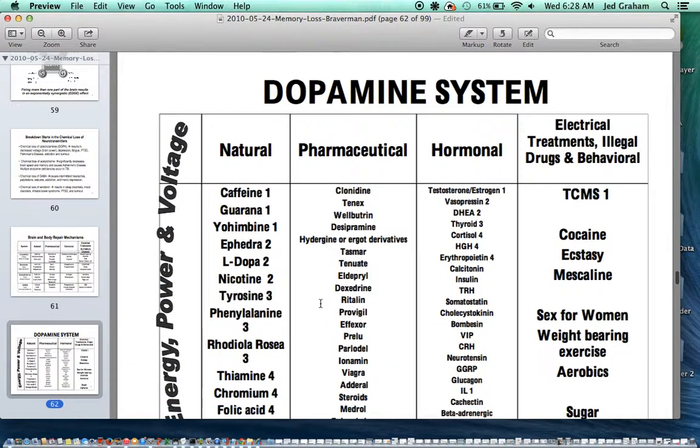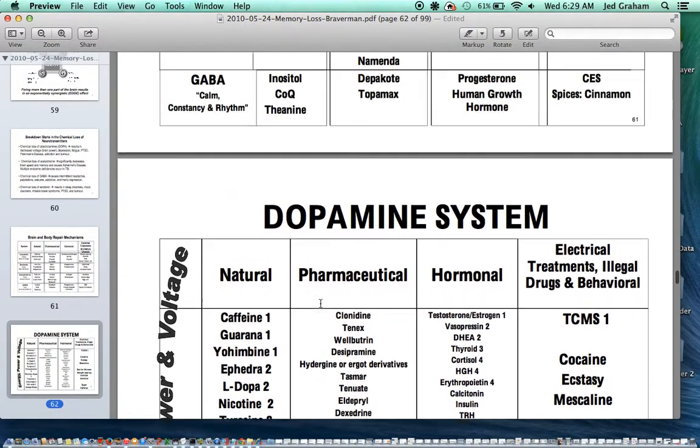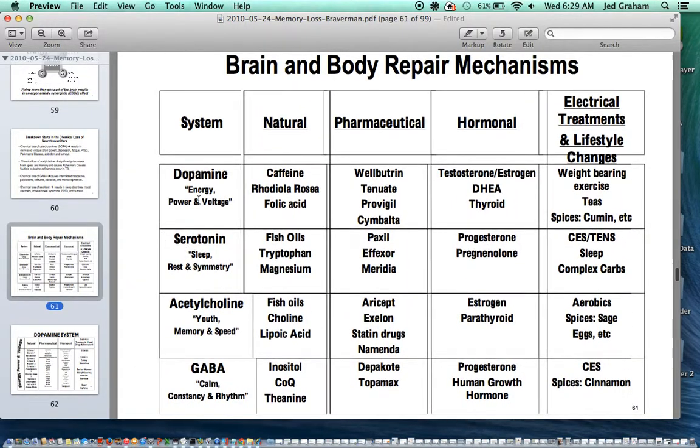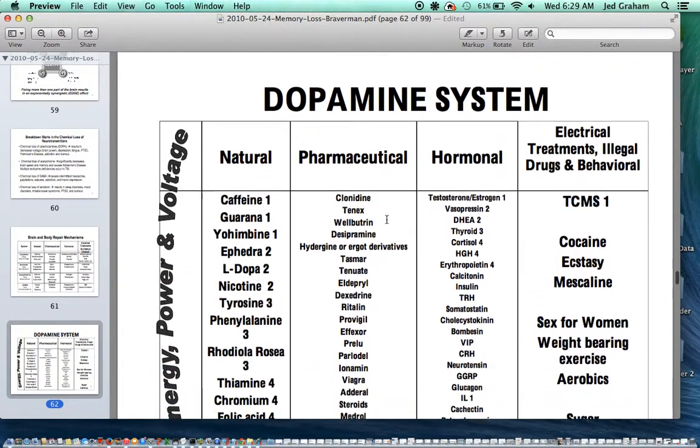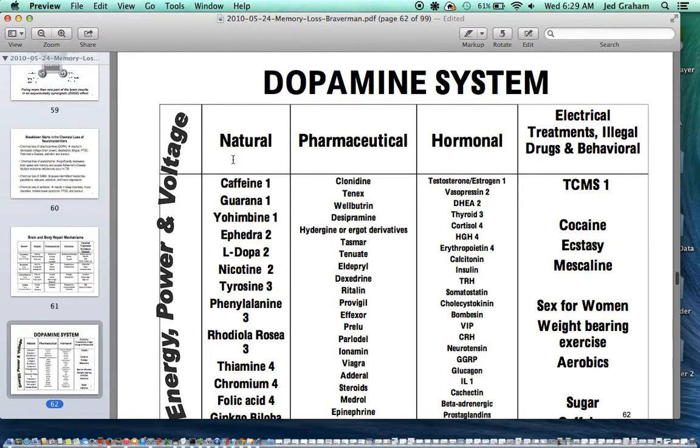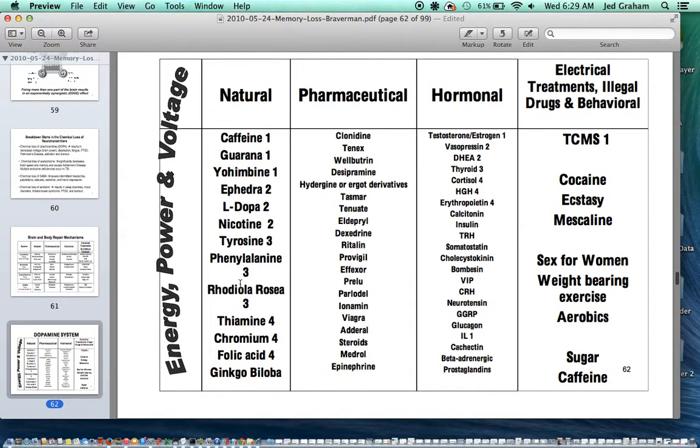And then we can even break this down even more. So what I did is, this is dopamine. We went general here, and then we can go down here to dopamine, and wow, look at this. We even can expand the natural even into more issues. Then we can get over here into more problems with what can affect this, which is cocaine, ecstasy, and mescaline.